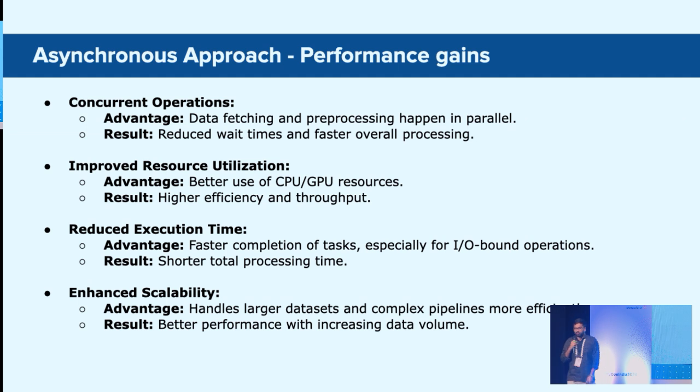As I mentioned, for concurrent operations, data fetching and pre-processing can happen in parallel, thus reducing the wait time and improving overall processing speed. And we have improved resource utilization. In this case I'm only using CPU, but if you have a GPU, you can use it even better if you're following asynchronous principles, which results in higher efficiency and throughput, and you get a reduced execution time.